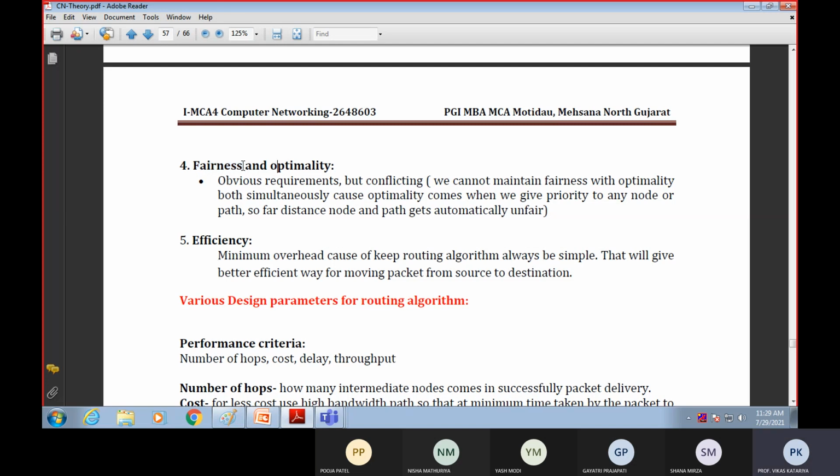Right? So some routing algorithms are based on fairness, and some are designed on the concept of optimality. You have to understand fairness means each and every node must be involved in making the cost-effective path. And for the optimality concept, there is a certain selection of nodes that makes the effective path.